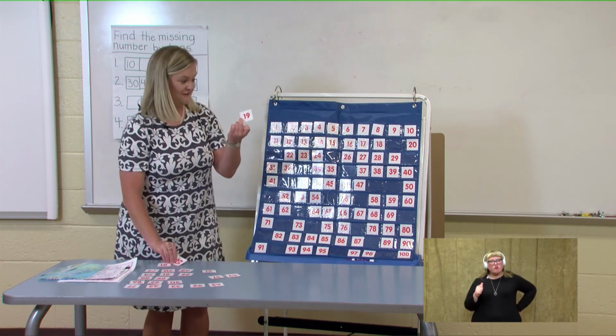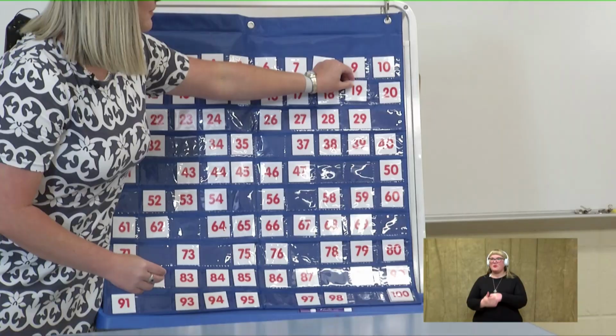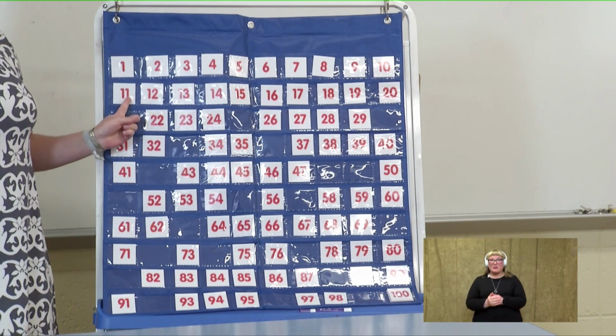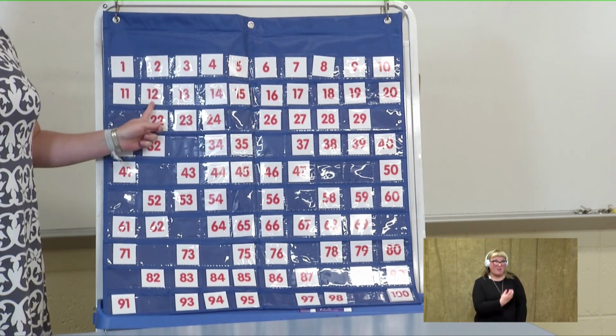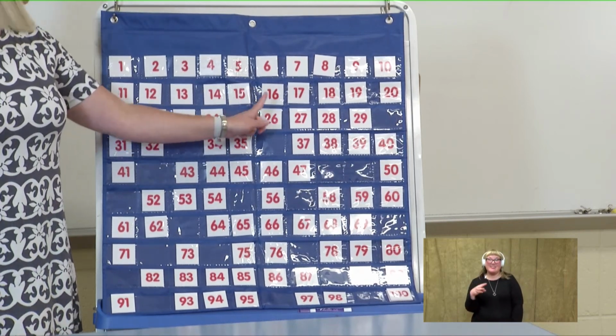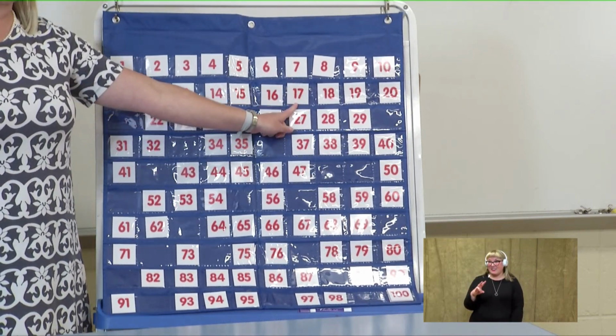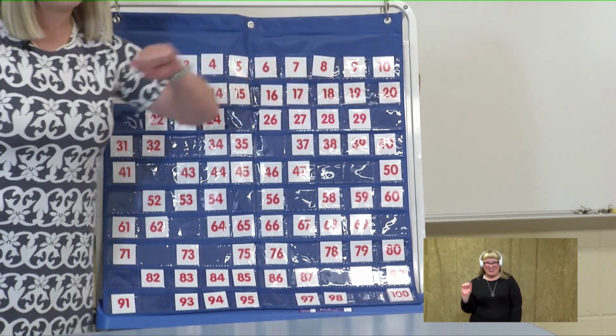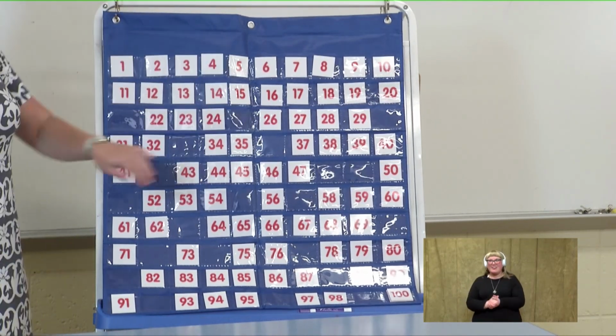It's this one. Very good. So let's put that one in that spot, and that row is complete. So let's count that whole row together. 11, 12, 13, 14, 15, 16, 17, 18, 19, 20. Awesome job, friends. Thank you so much for helping me with those.